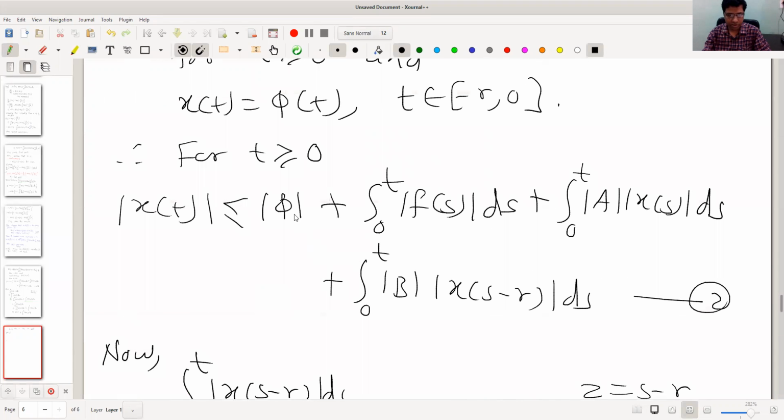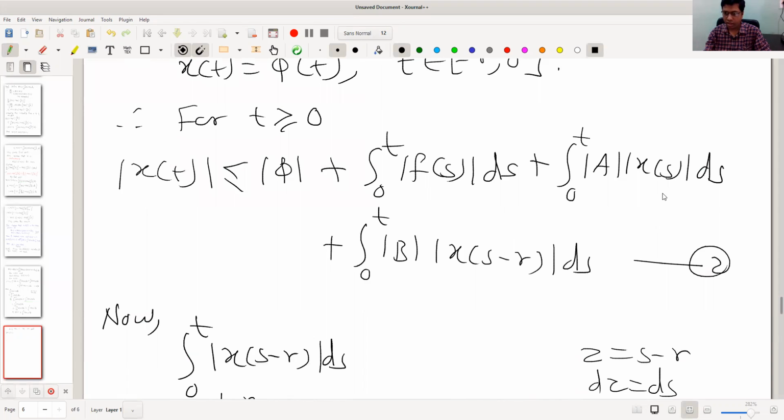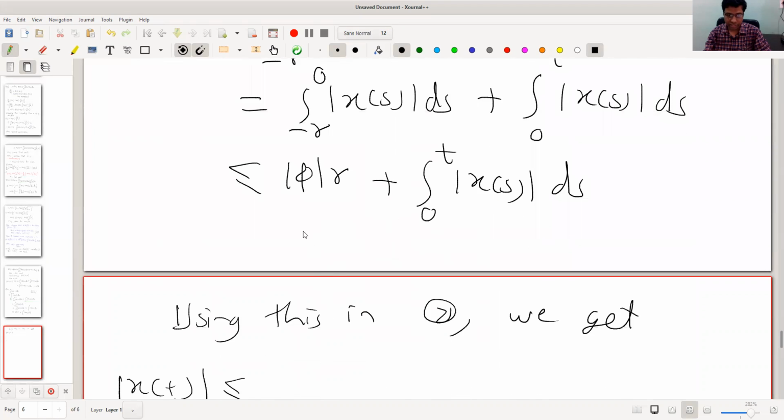It is less than or equal to norm phi plus integral mod f of s ds plus integral mod A mod x of s ds plus this thing, so mod B into this right hand side.